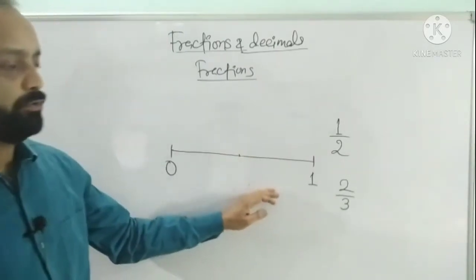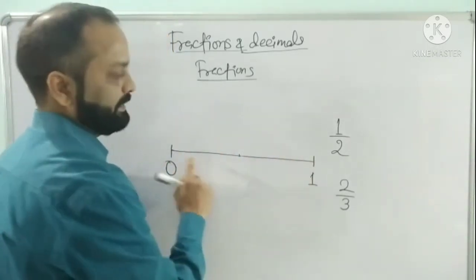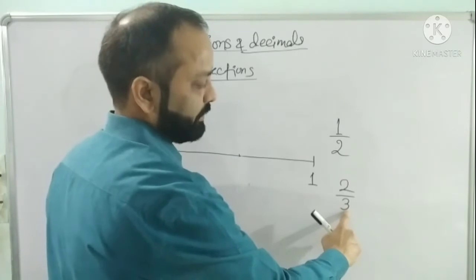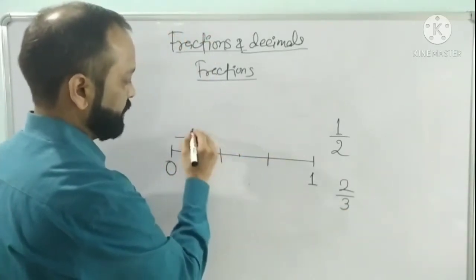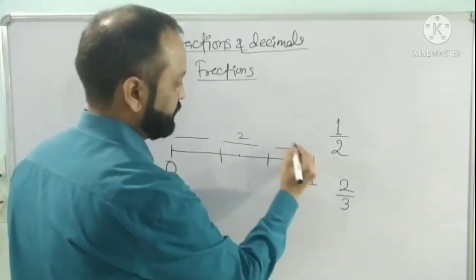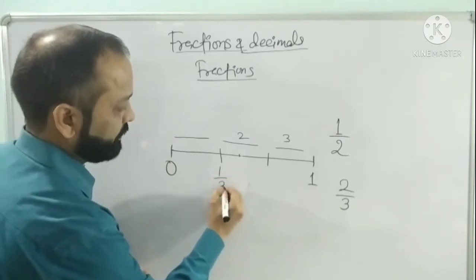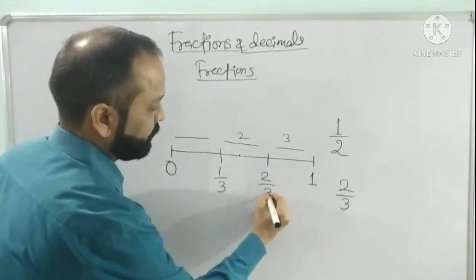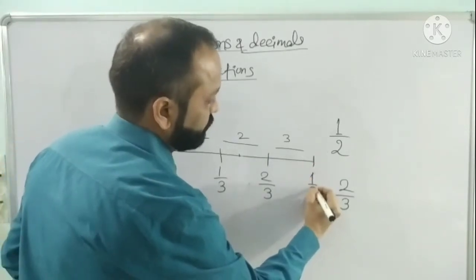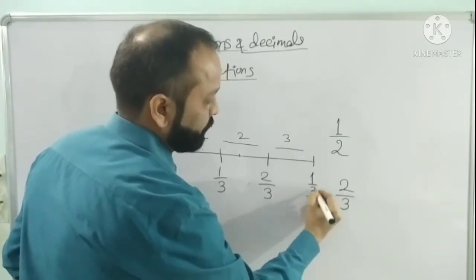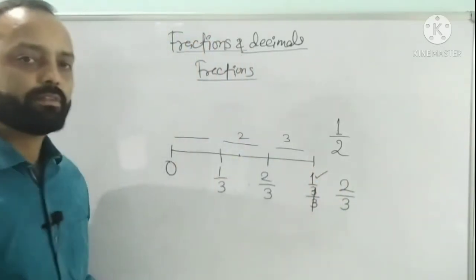Now we have to divide this particular place into 3 parts. This is the first part, this is the second part, and this is the third part, right? So this will be 1/3, this will be 2/3. Similarly, when we go to this particular place, this will be 3/3. When we cut this, we get the same one, correct?